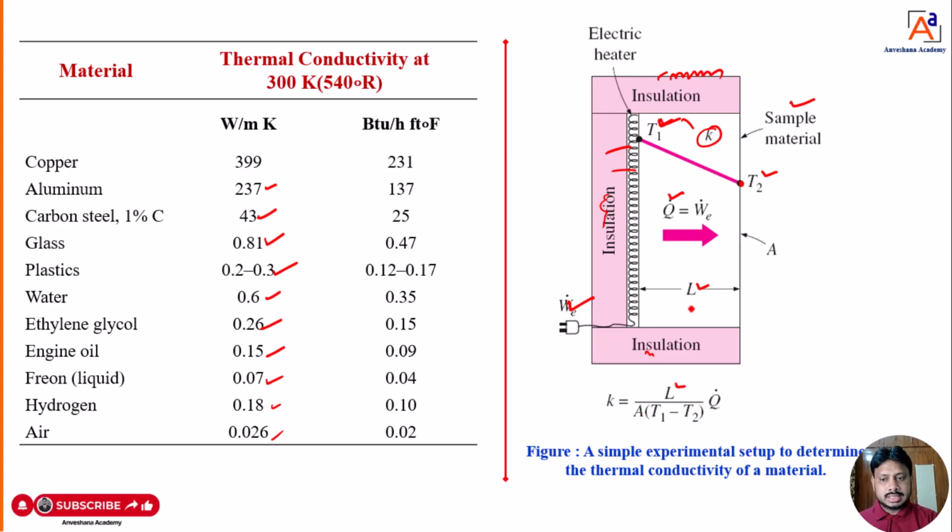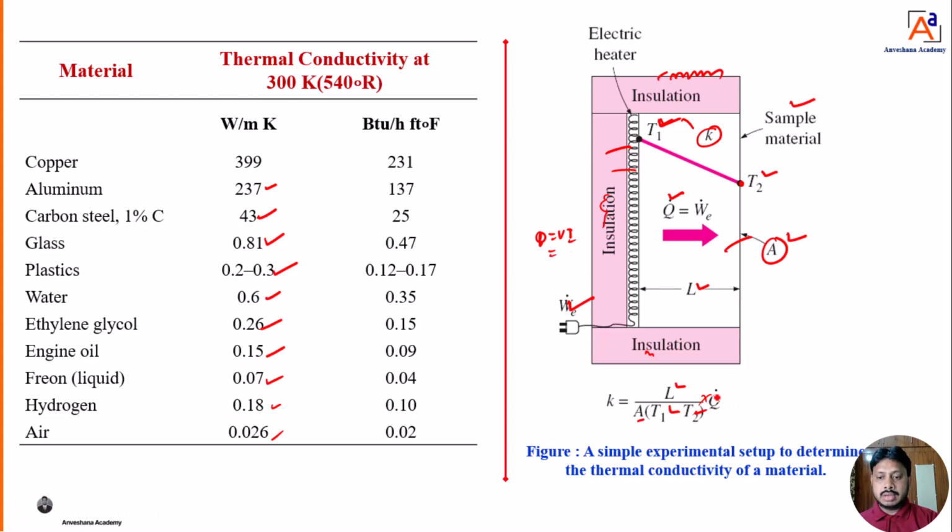What is L? Thickness of the material. Then what is A? The area of the metal plate, that too perpendicular to the direction of heat flow. Then divided by high temperature region minus low temperature region. Then Q. What is Q? With the help of voltage and current I can calculate Q. When we multiply voltage with current, we are going to get heat, that is watt.